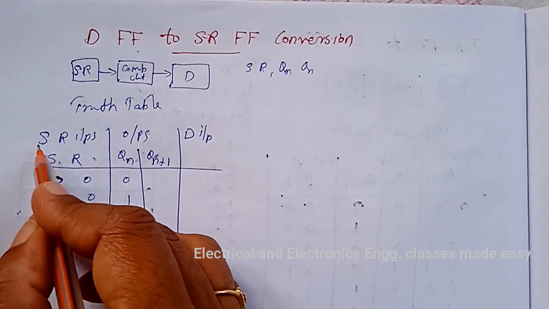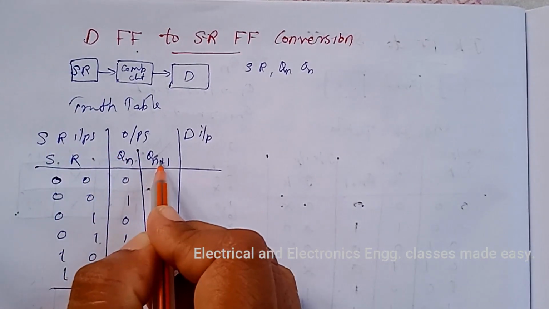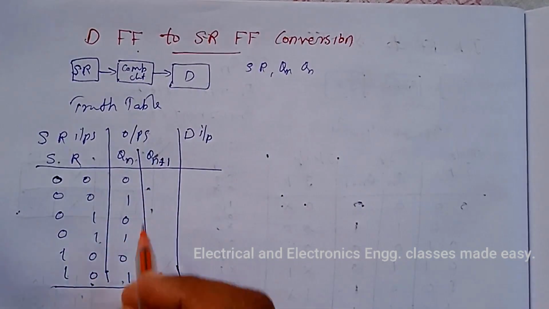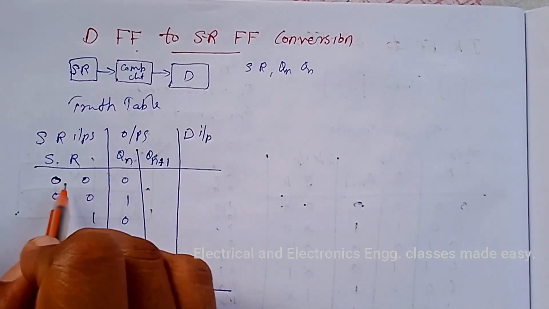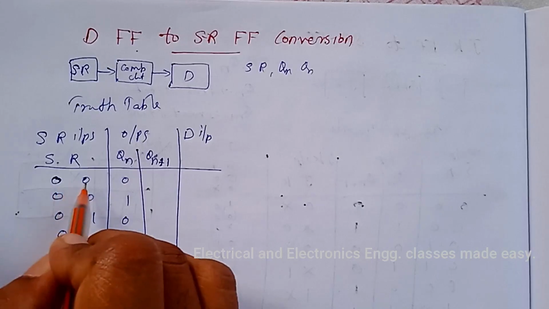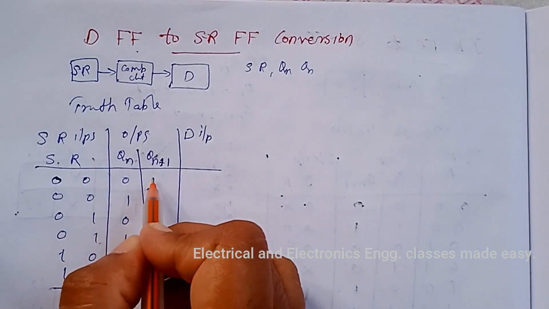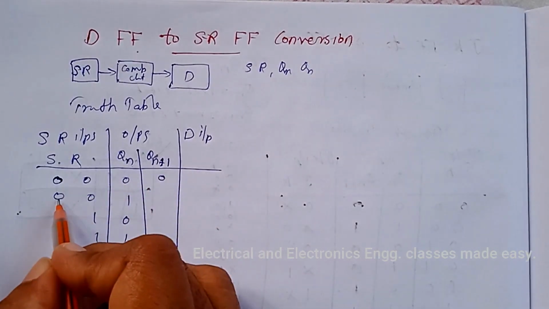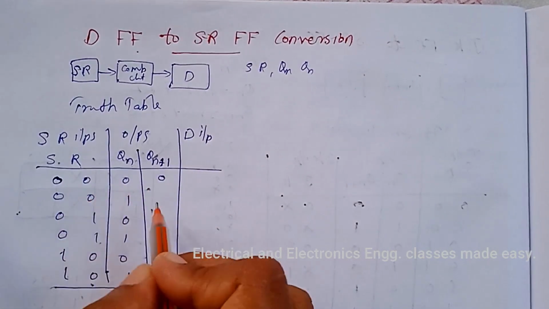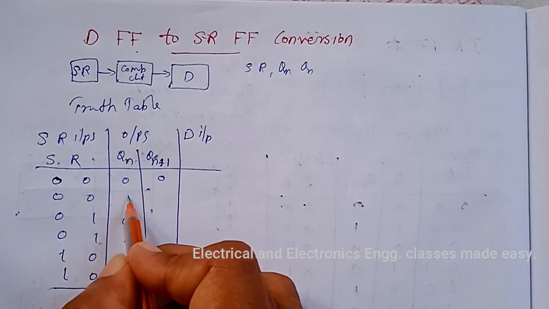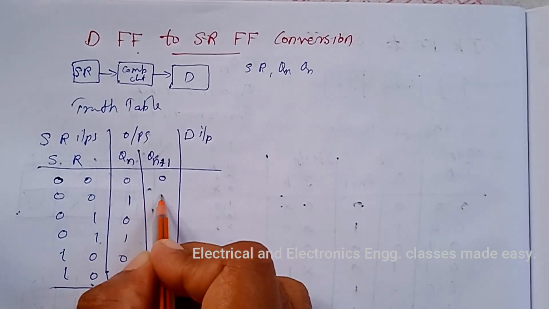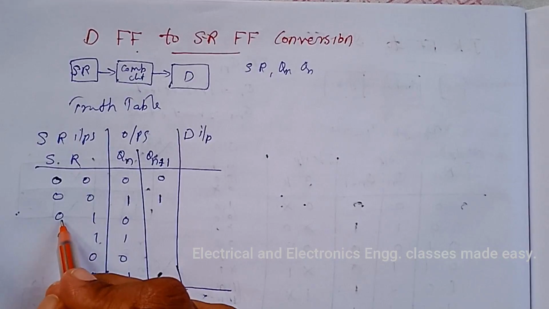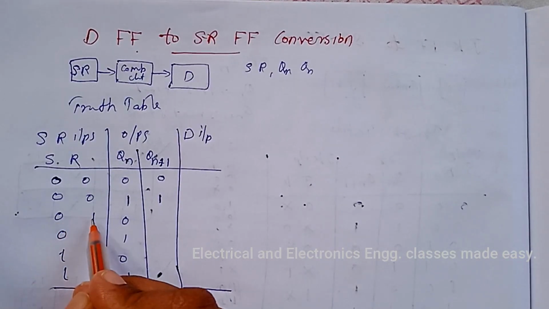So next state, that is the next state to be obtained, we have to calculate. For SR inputs 0 0, the output will be no change, that is here 0. Next is 0 0 again, that is no change. No change means here it is 1. So here also 1. Next input is 0 and 1.